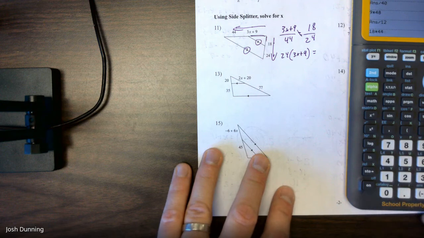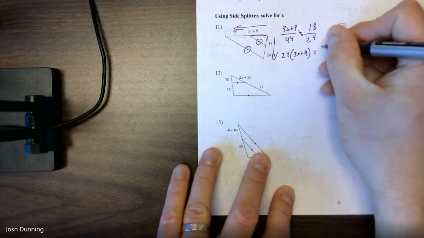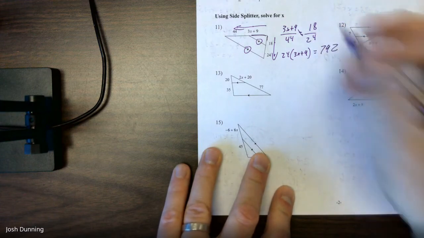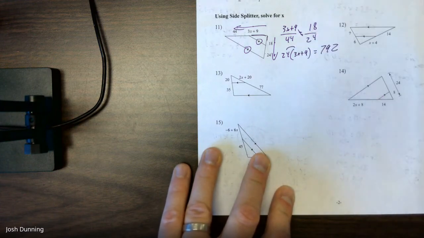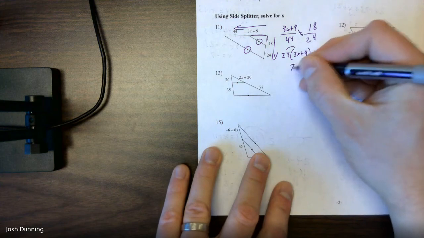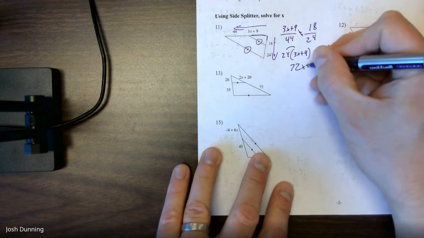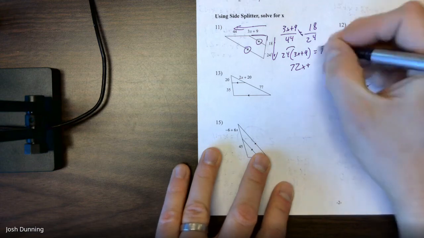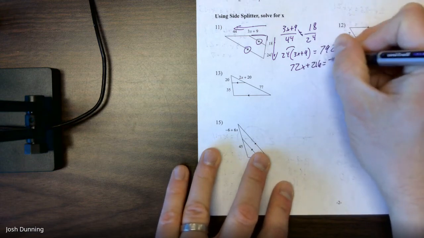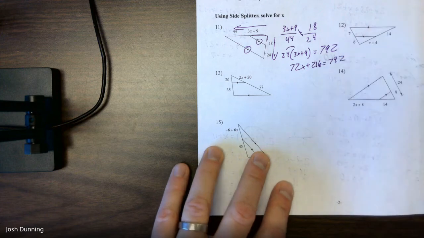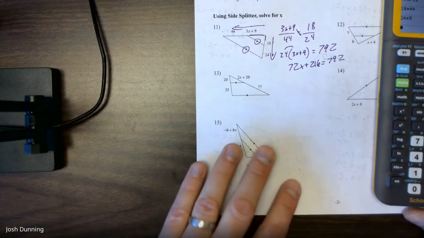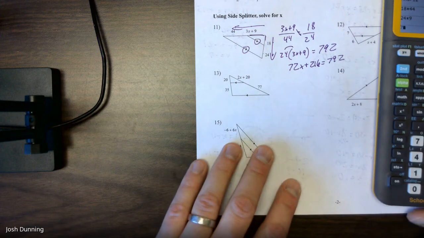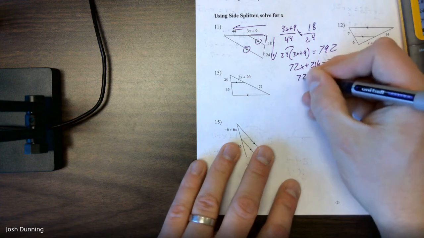times 44, 792. And now we'll distribute here. 24 times 3 is 72 plus, and 24 times 9, I don't know in my head, 216. So now we'll subtract 216, 792 minus 216, 576.